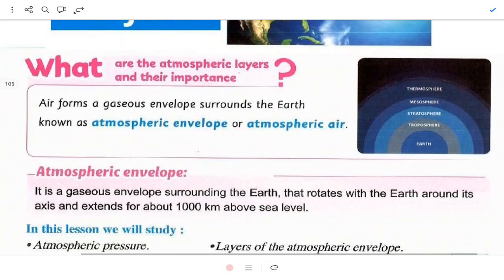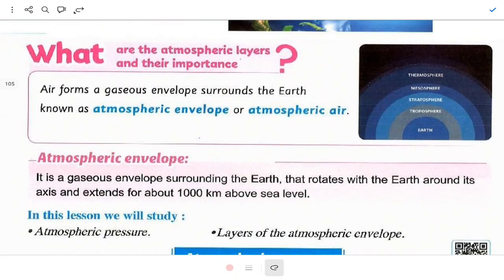Atmospheric envelope, it's a gaseous envelope surrounding the earth. So this is the earth and we have this envelope around. It rotates with the earth around its axis. The earth has an axis and it rotates around it.